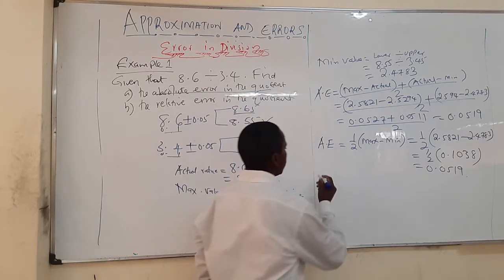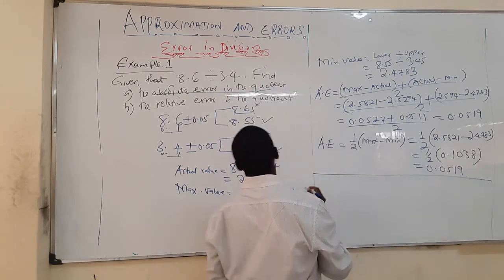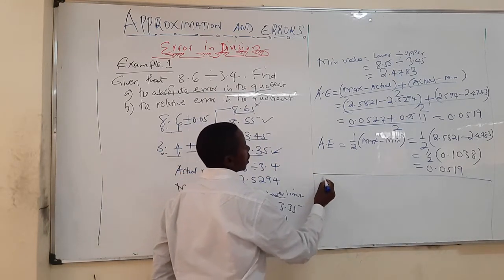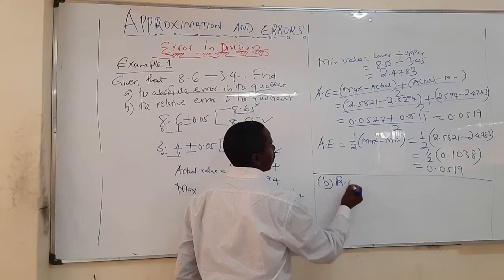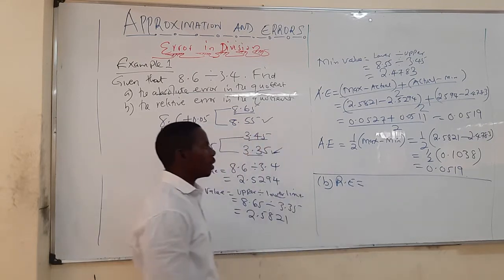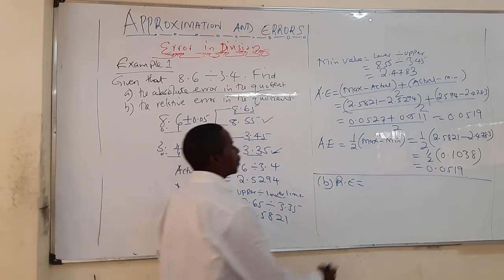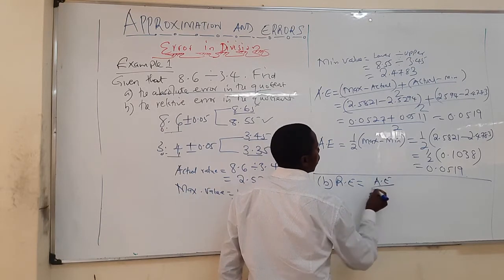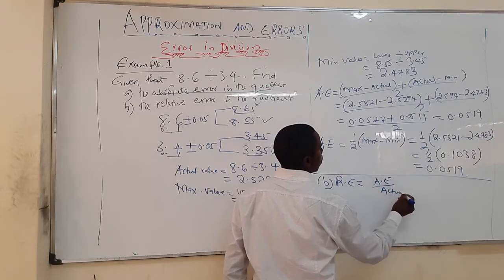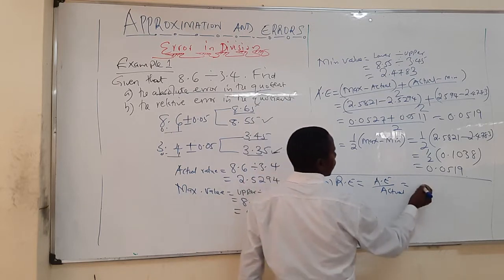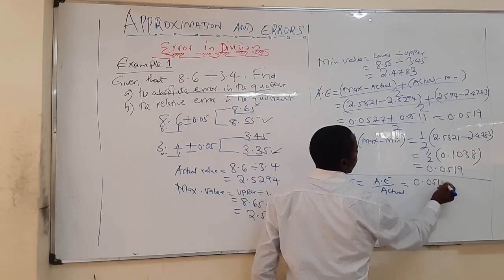Then we look at the second part of the question, which is getting the relative error. The relative error, of course, is given by the absolute error divided by the actual value. The absolute error, you have it here, 0.0519.